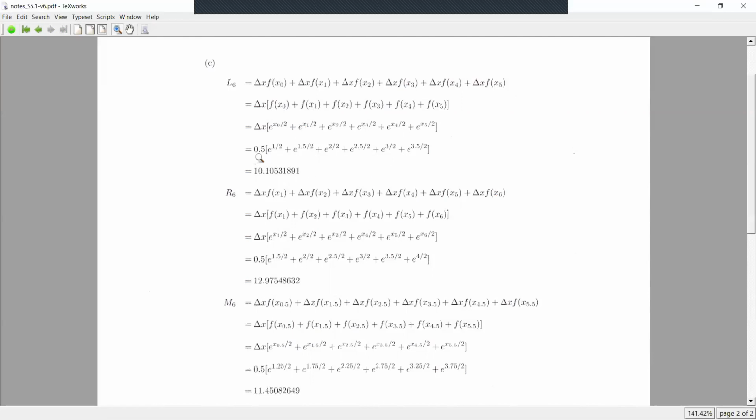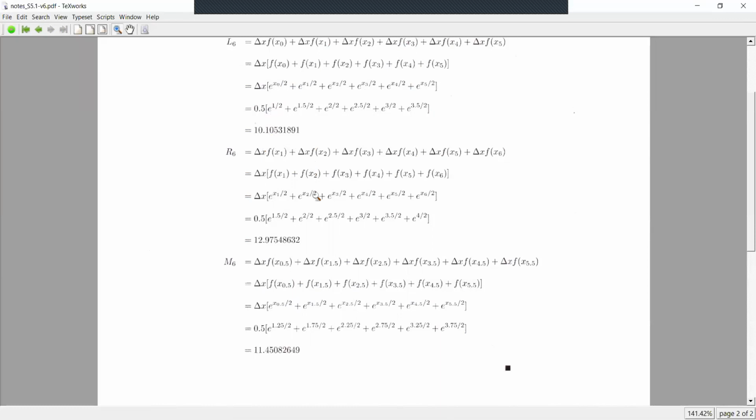Now plug in the values for delta x and the cutting points. Delta x is 0.5, x0 is 1, x1 is 1.5, x2 is 2. Then with a calculator, we get L6 is this number.